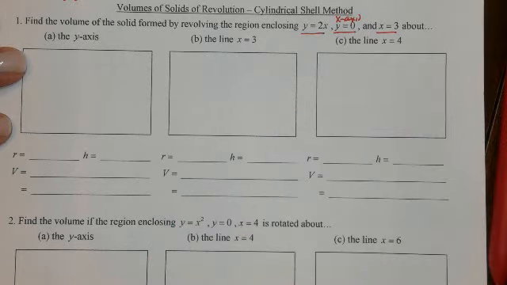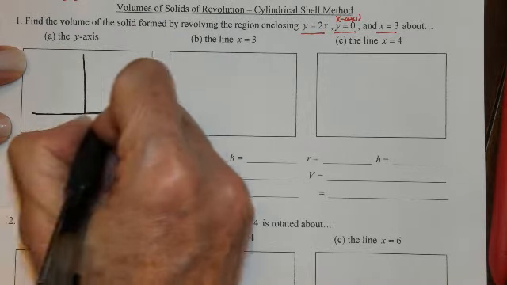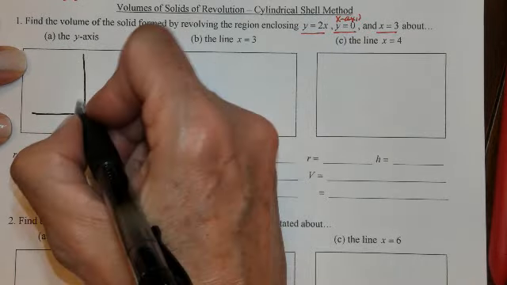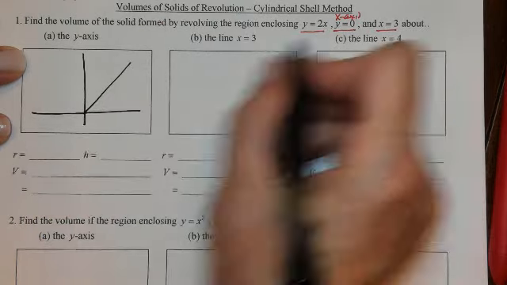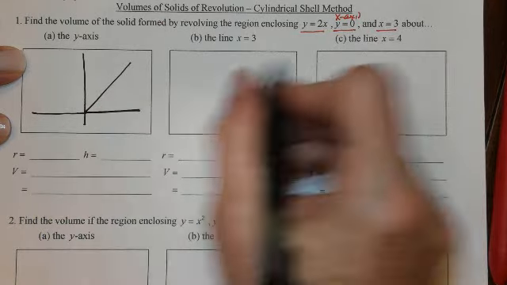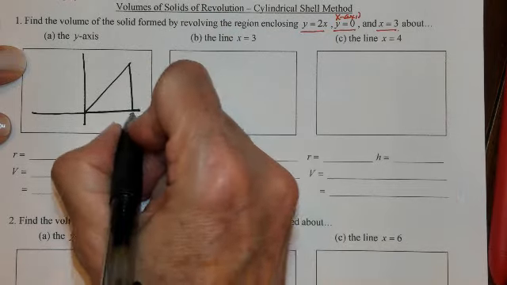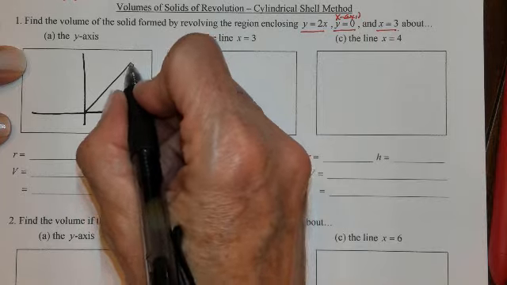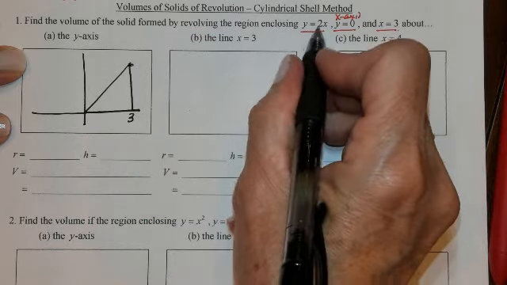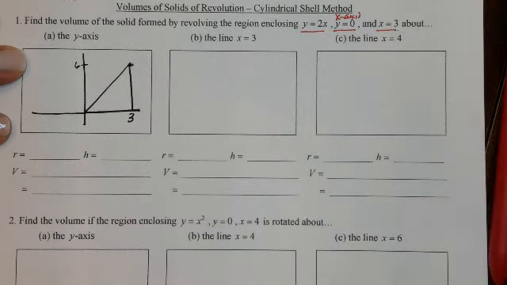So this is one where we're just looking at the first quadrant. When x is 3, what is this y value? That'll just be a 6, right? So this is 6 right here.